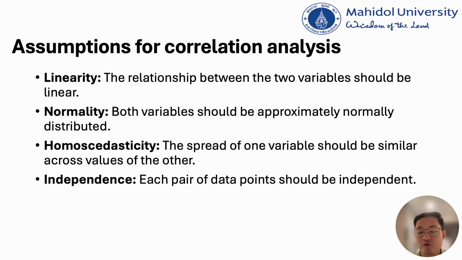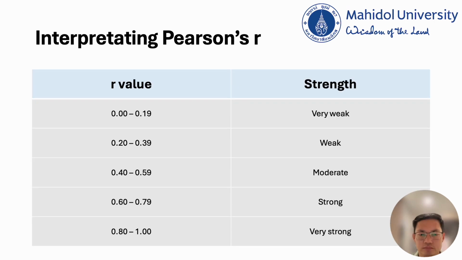The spread of one variable should be consistent across the values of the other. And finally, independence. Each observation should be unique and not influence the others. These conditions help ensure that Pearson's correlation coefficient gives a reliable estimate.